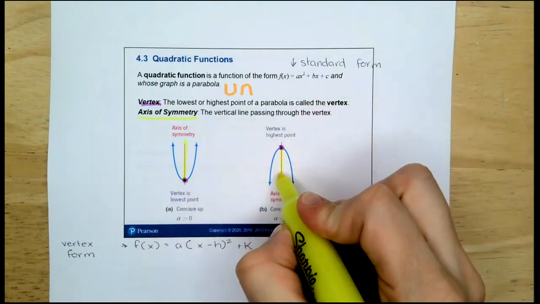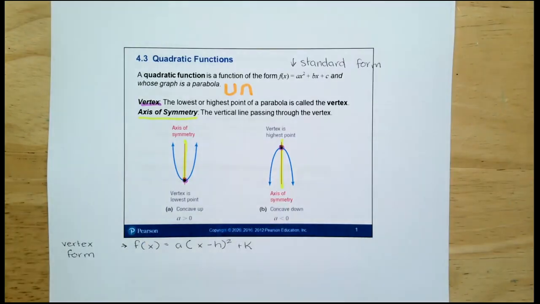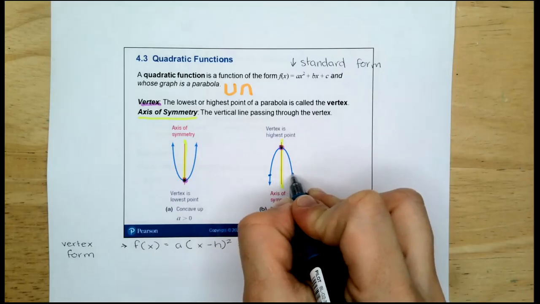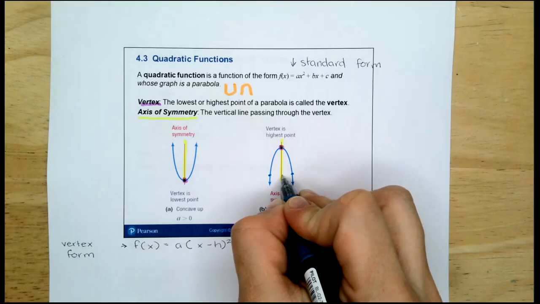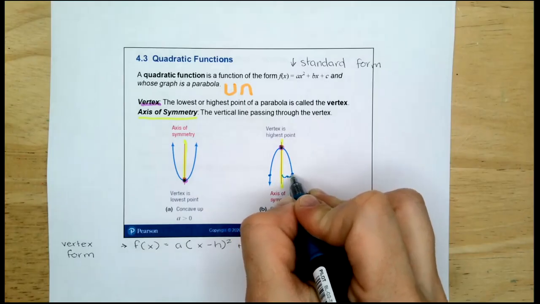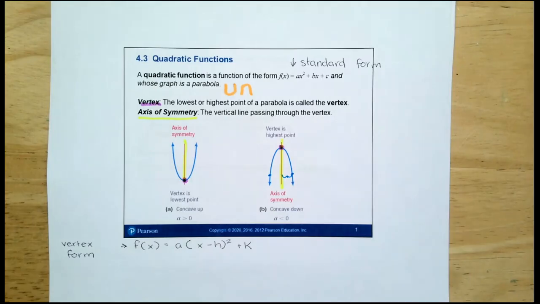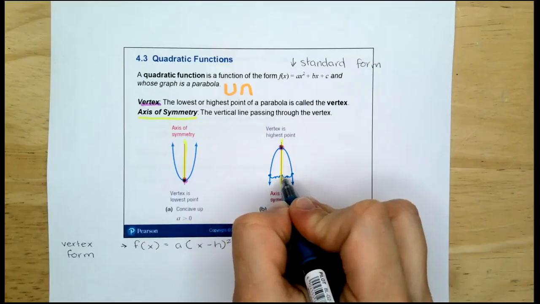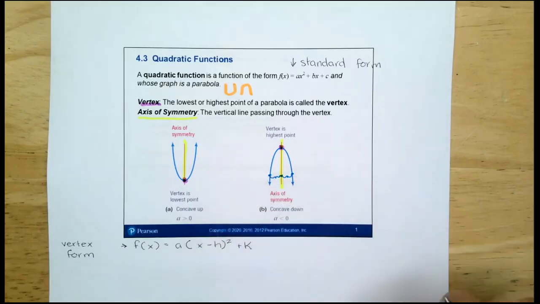So through the middle of this parabola means through my vertex, and that means that this distance is exactly the same as this distance. So the distance from a point to the axis of symmetry has the same length as the distance from that axis of symmetry to the other side.